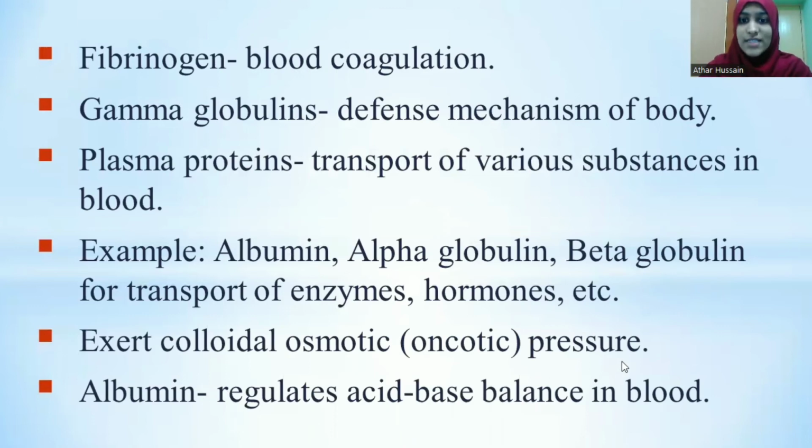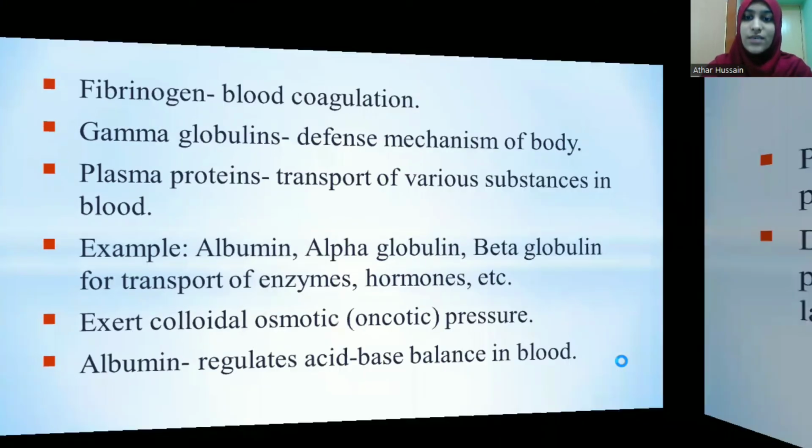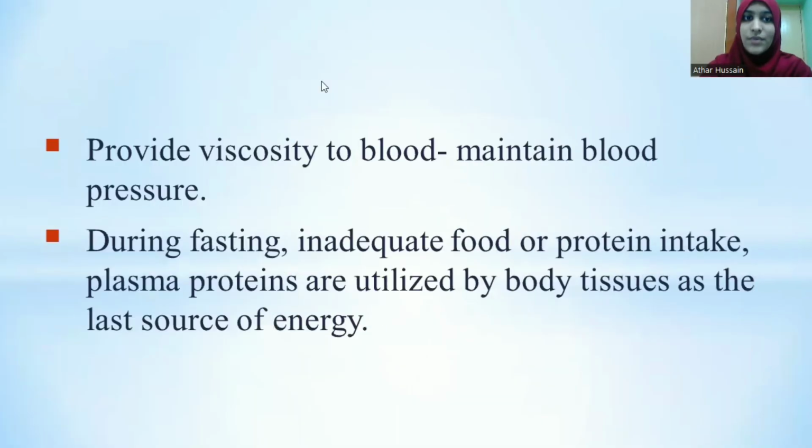Albumin regulates acid-base balance in our blood. They provide viscosity to blood, that is, they maintain our blood pressure. During fasting, inadequate food or protein intake, plasma proteins are utilized by body tissues as the last source of energy.